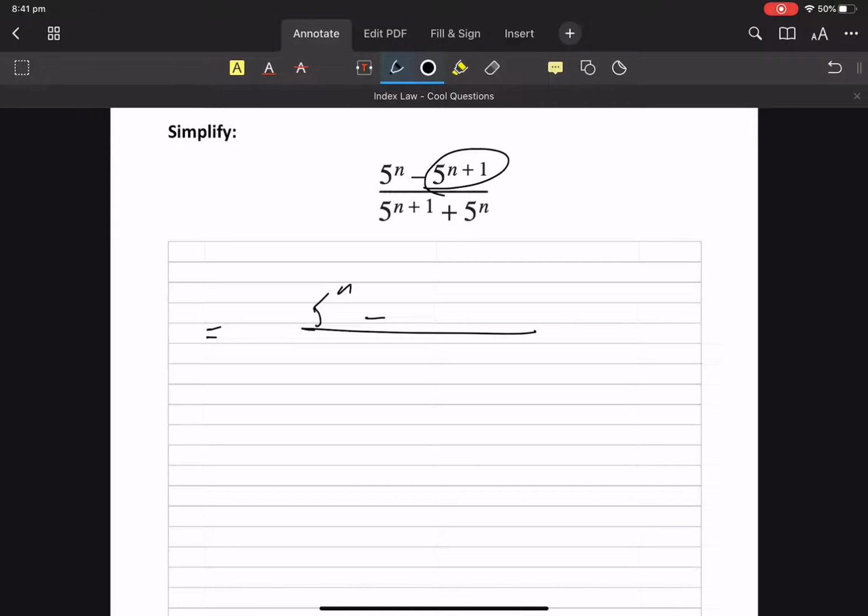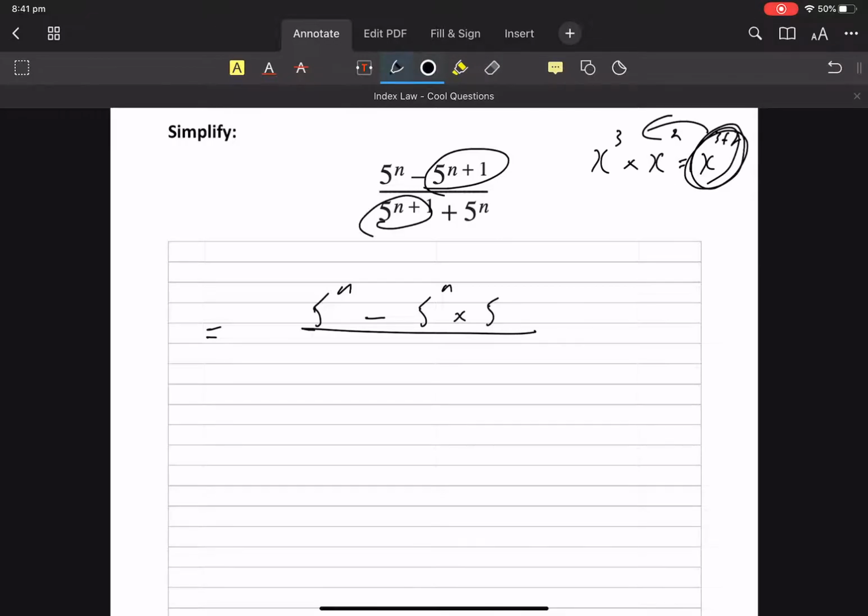Just as x cubed times x squared is x to the 3 plus 2, I can take x to the 3 plus 2 and go backwards. So this is 5 to the n plus 1, which is going to be 5 to the n times 5 to the 1, and 5 to the 1 is just 5.